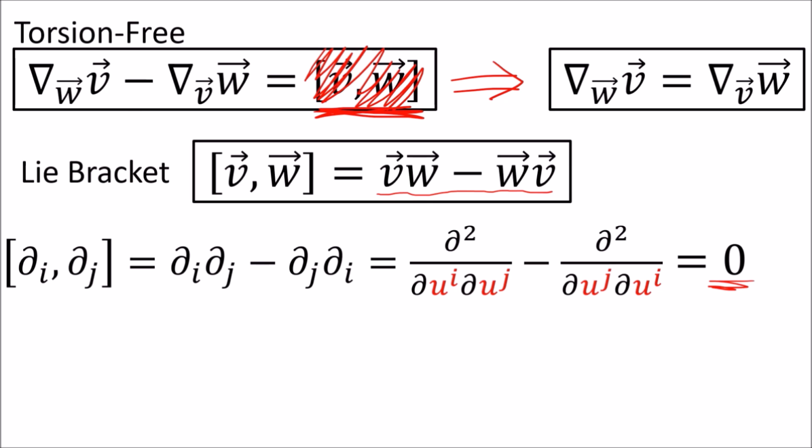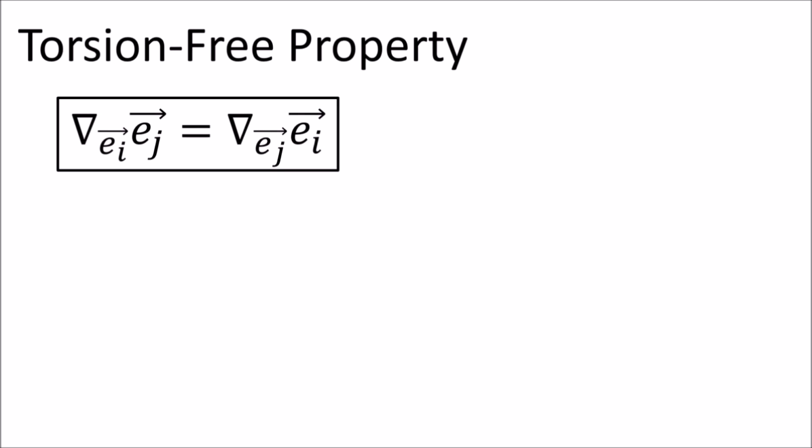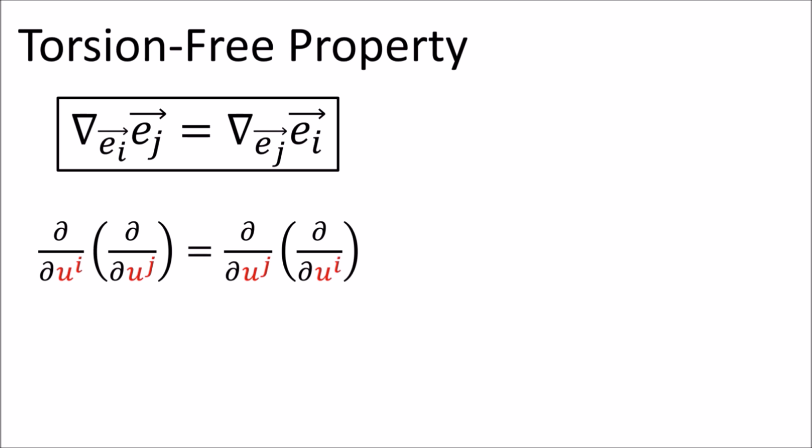So the torsion-free property says that the covariant derivative of E_j in the E_i direction is the same thing as the covariant derivative of E_i in the E_j direction. It's sort of inspired by this rule with traditional derivatives where the order of partial differentiation doesn't matter.